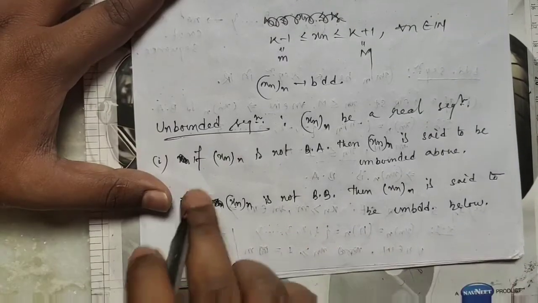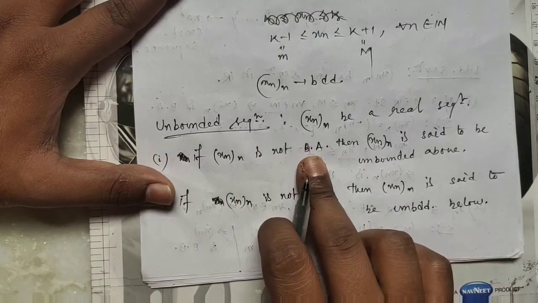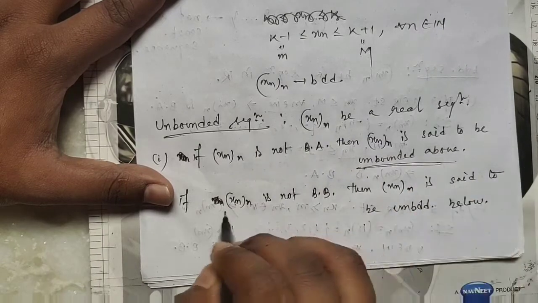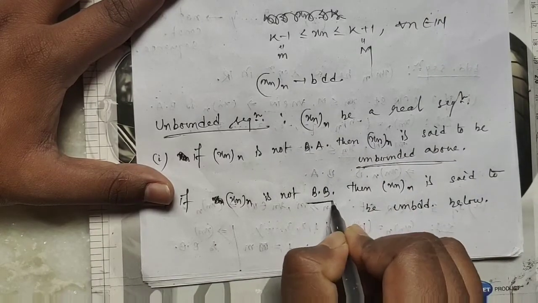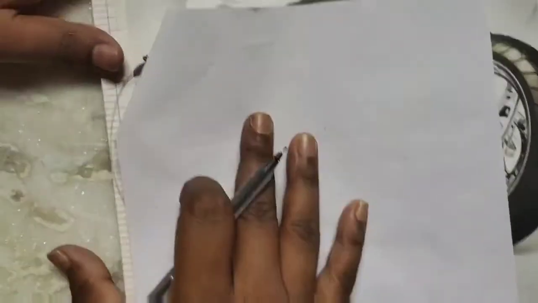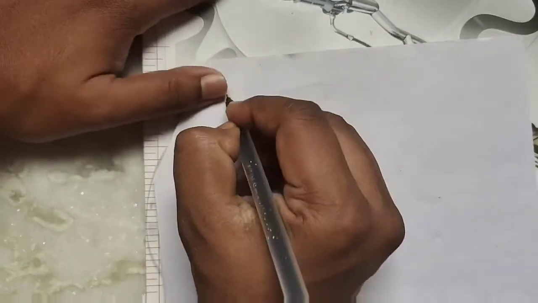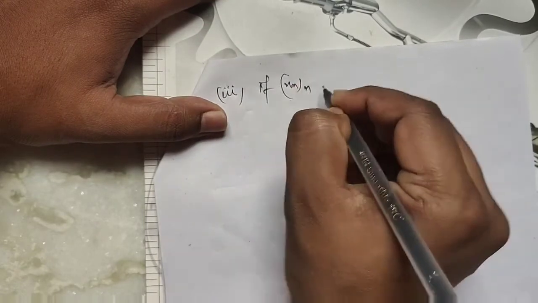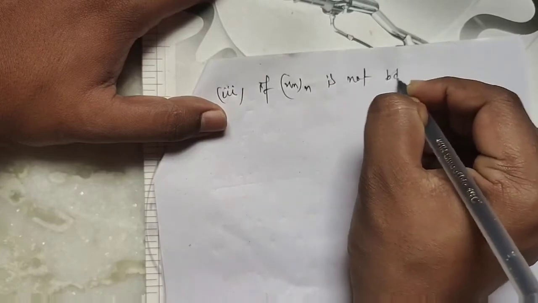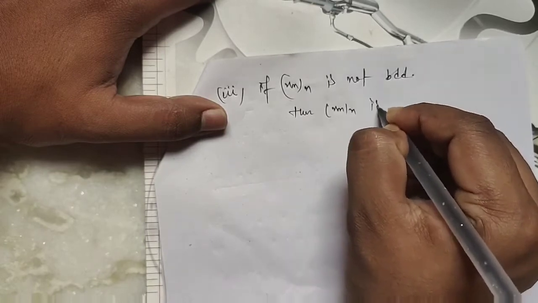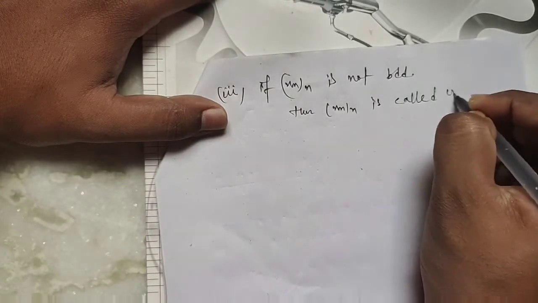Okay, a sequence which is not bounded above is called unbounded above, and a sequence which is not bounded below is called unbounded below, and if xn is not bounded, then the sequence xn is called unbounded.